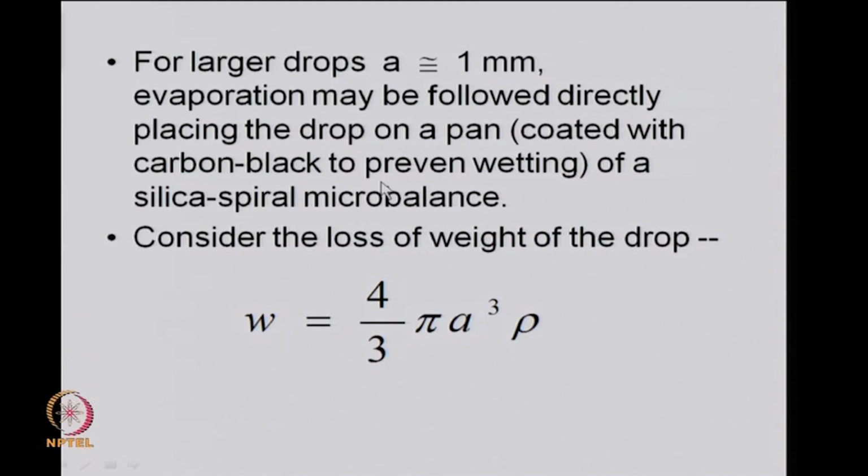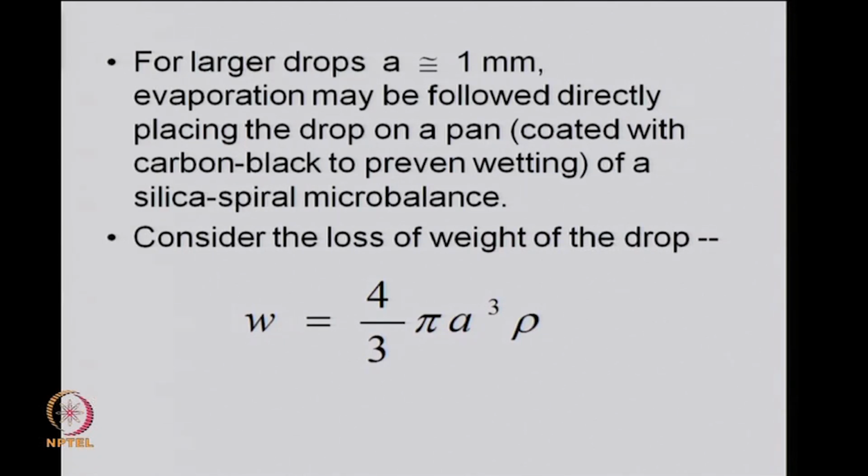We might instead choose a microbalance pan which is coated with carbon black, and now such a drop about 1 millimeter size could be kept on this carbon black coating, which would not allow it to spread, and then you can observe how the weight loss occurs over time. You might be able to measure the radius also as a function of time.